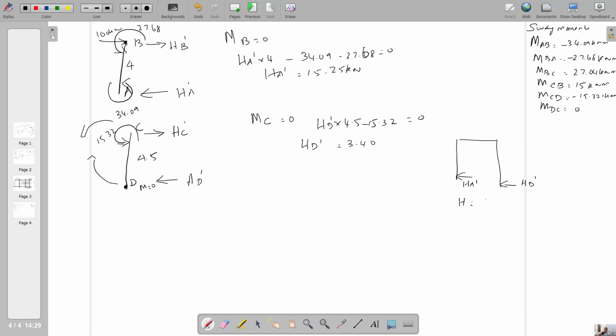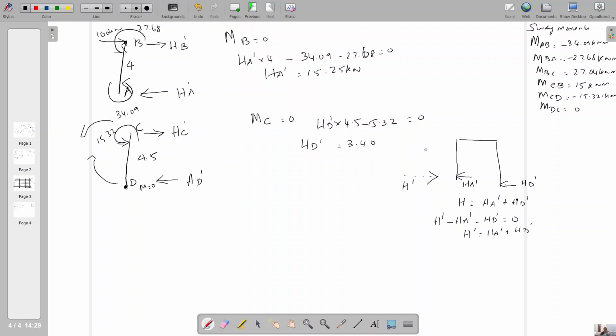So H dash equal to HA dash plus HD dash. If you assume an opposite resultant of H dash, then only you can write this equation. So by considering towards right is positive, H dash minus HA dash minus HD dash equal to 0, then only you can get H dash equal to HA dash plus HD dash.